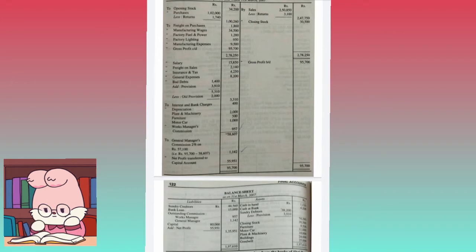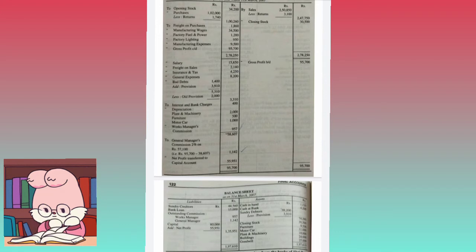In the adjustments you have been given again a provision of 5% on sundry debtors. It is a new provision, so it will be debited to the P&L account. In the question they have deducted the old provision of 2,000 from the bad debts. Instead of deducting this, you can take it on the credit side also. I hope you understood this.